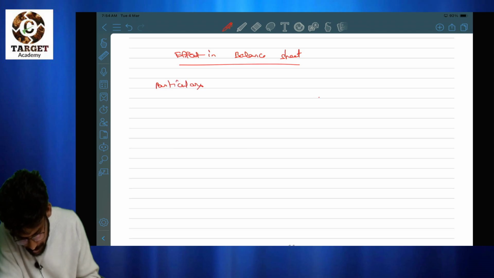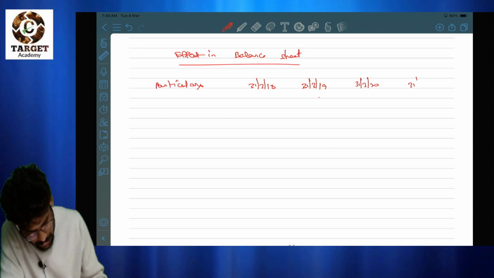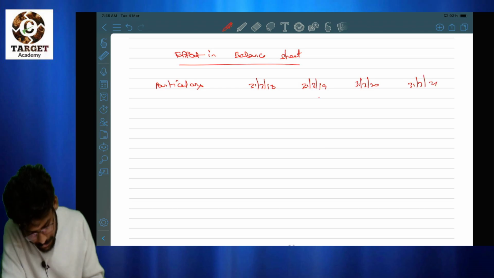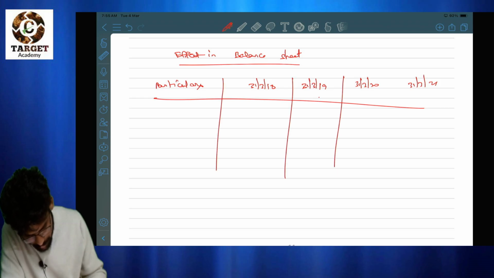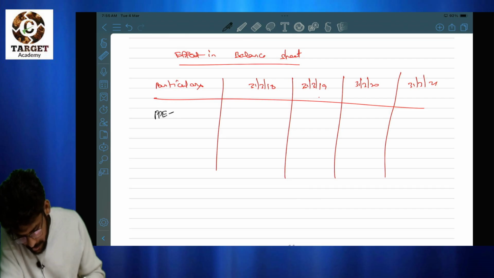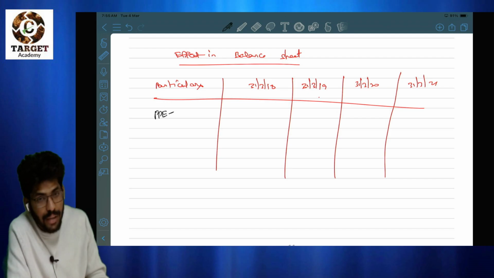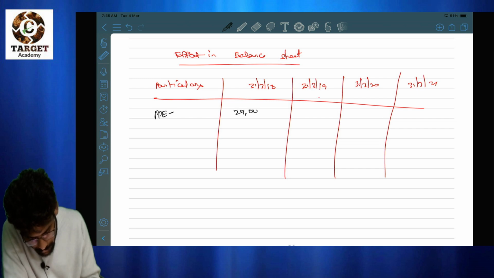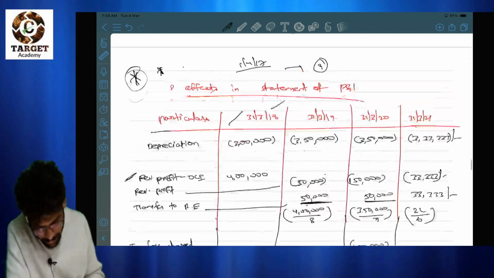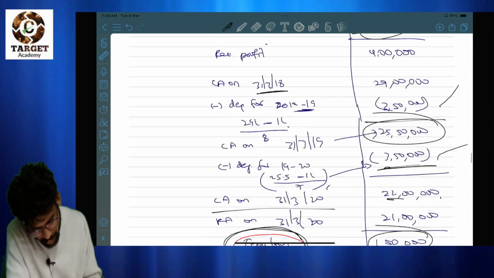Particulars: 31st March 2018, 31st March 2019, 31st March 2020, 31st March 2021. So the PPE asset is there, right? The asset value as on 31st March 2018, how much? The asset got revalued, so the value is 29 lakhs. Later 25 lakh 50,000.